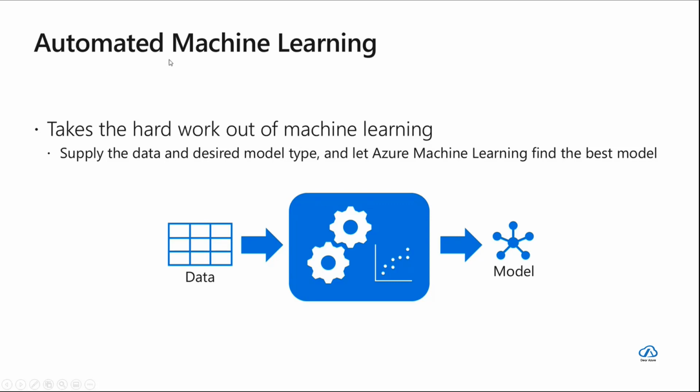AML, automated ML, which we normally call auto ML, is also a feature afforded to us in Azure Machine Learning Studio. As I said, auto ML takes out most of the hard work. The model itself, the code for the model, is generated out of the box in the machine learning studio.